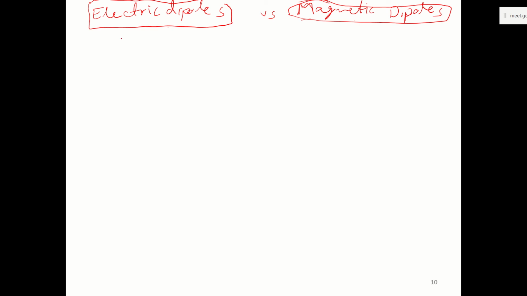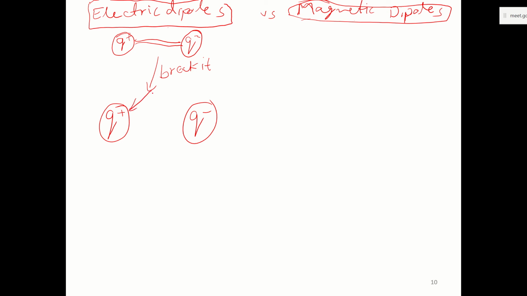But if you have say q plus and q minus, two connected by a rod, something like this, two charged particles. This is a dipole, and when I try to break it, it will break into a positive charge and a negative charge.